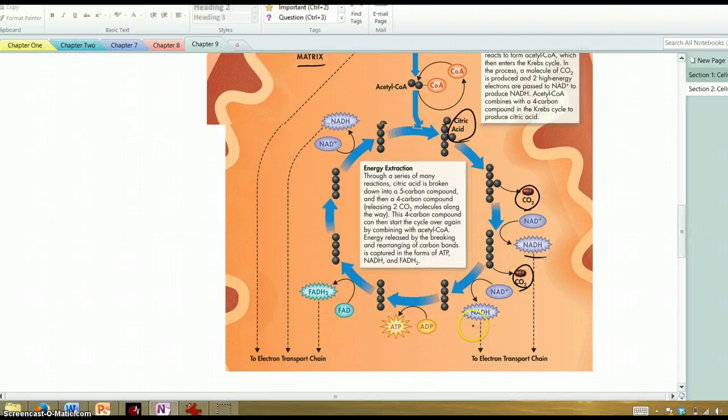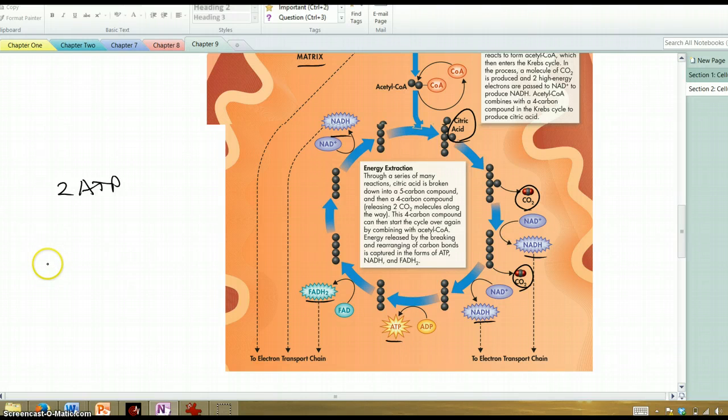And you can see in the process we make a lot of NADH. Again, we make a little bit of ATP here, one for each pyruvate. So for the Krebs cycle, for each glucose that comes in, we're going to make 2 ATP, one for each pyruvate. But we're going to make a bunch of these NADH electron carriers and also a different electron carrier here called FADH2.